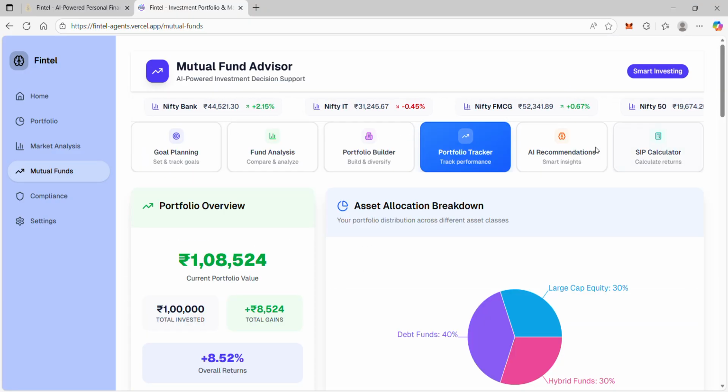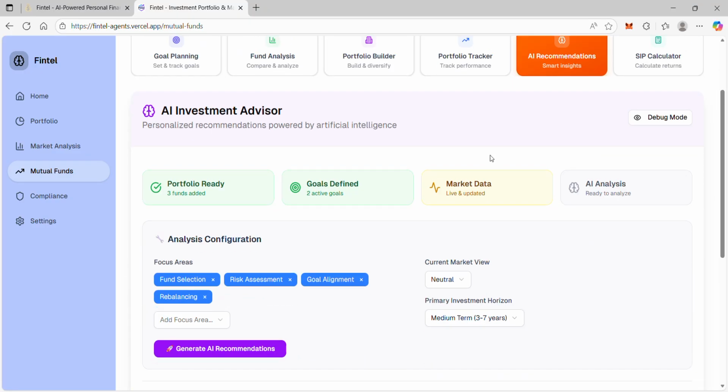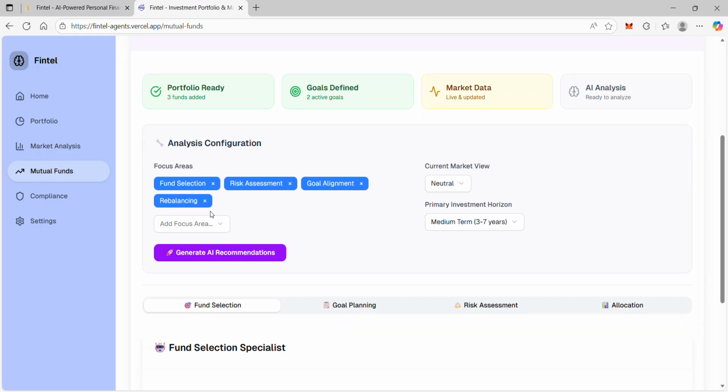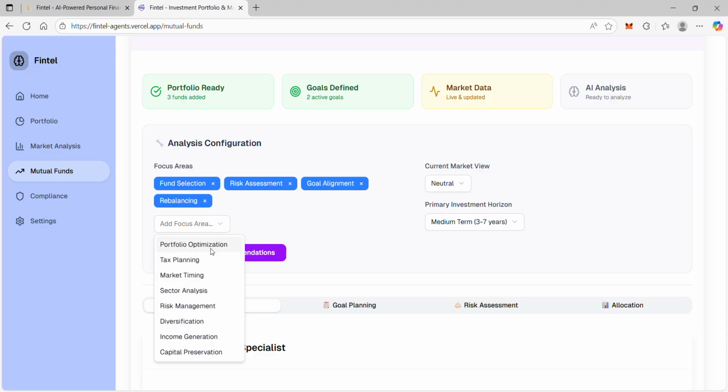Now comes the important part, the AI investment advisor, that is the agentic AI. In the same way, there are four agents in this. Then you can select what you want to do, like portfolio optimization, tax planning, market timing, sector analysis, risk management.